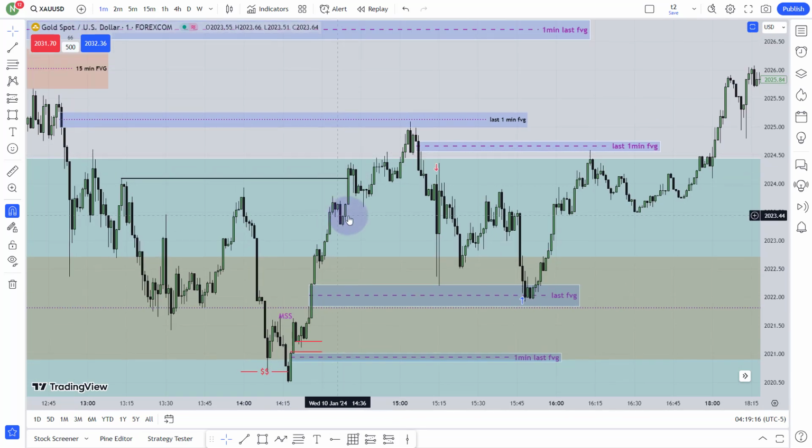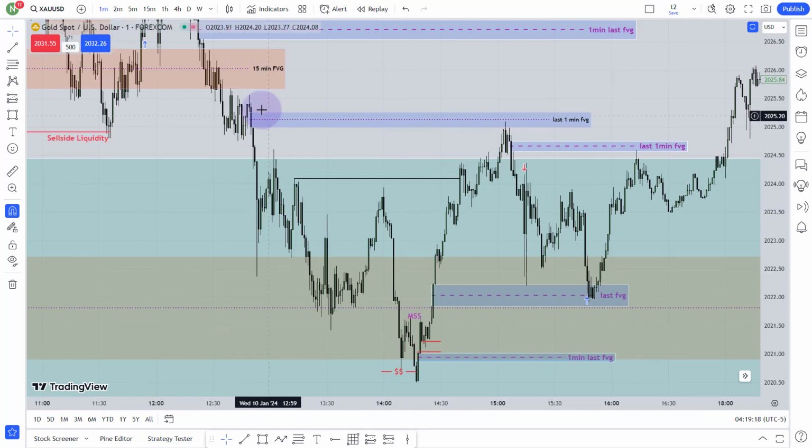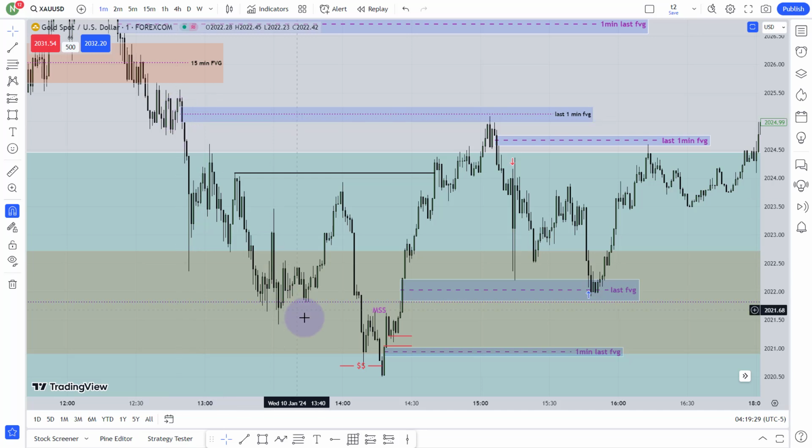Now when market went above, where did it go? I have marked the fair value gap from 1 minute chart. So this is the last 1 minute fair value gap. Look, very clean 1 minute fair value gap. Anybody has any confusion? From 15-minute chart, I got my direction that market is not falling, it is going higher.